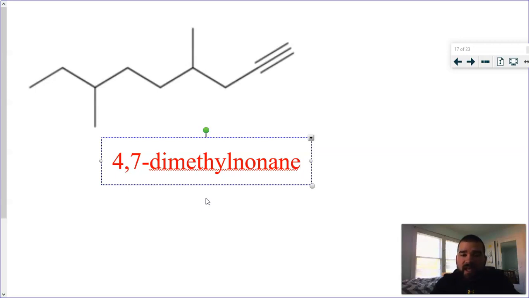So we need to switch the ending to non-ine. And we don't need to number the non-ine or identify where that triple bond is because it's on carbon number 1. If it were somewhere else in our chain, then we would have to number it. If the triple bond was somewhere in the middle, then we would have to put a number somewhere in this name to identify where that belongs.